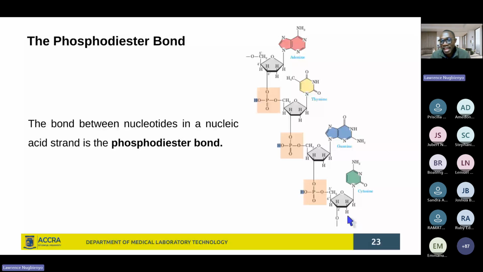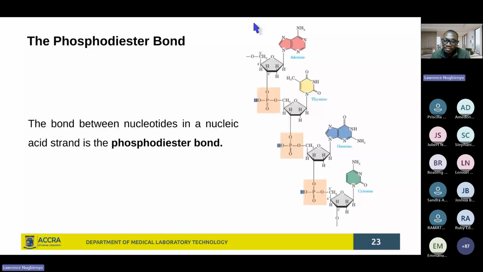You can write it the other way too, from the bottom to the top, where you say 3 prime, C, G, T, A, 5 prime.